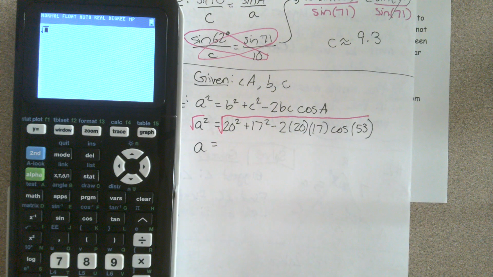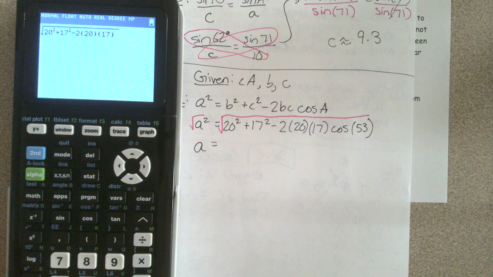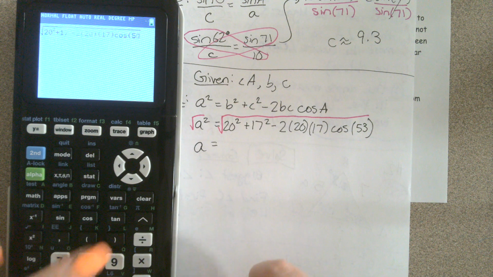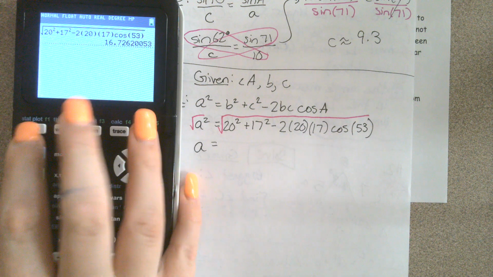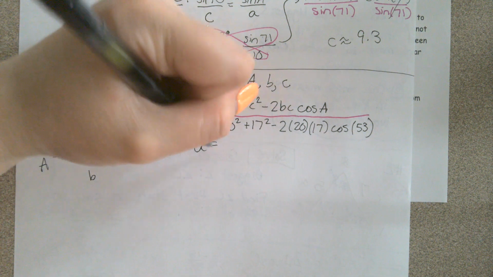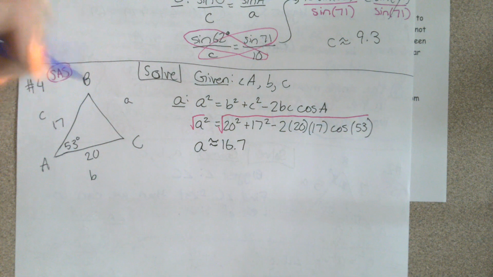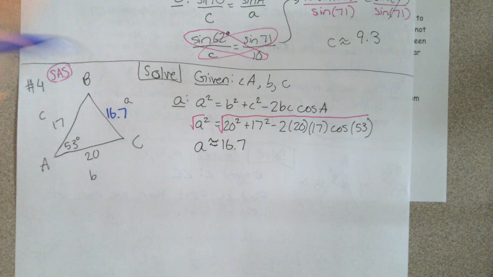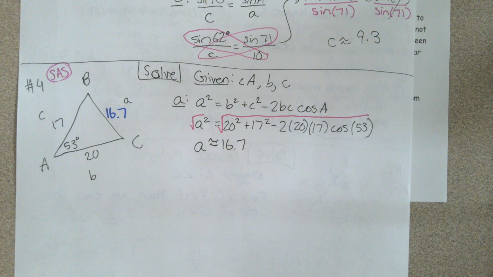So square root, 20 squared plus 17 squared minus 2 times 20 times 17, cosine of 53. 16.7 when I round to the nearest tenth. So that is my side A. I just need to find 2 more angles and then I am done.